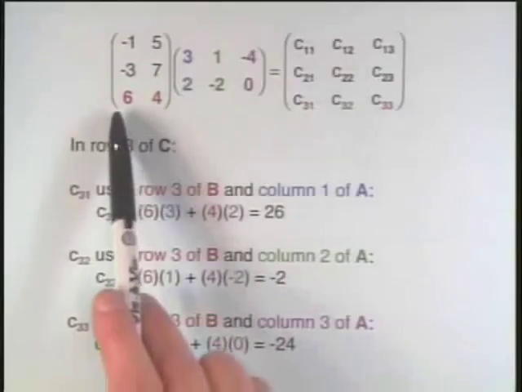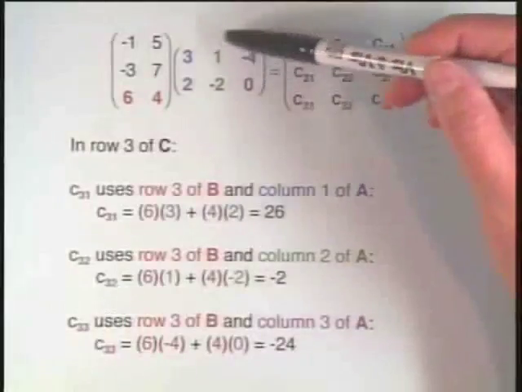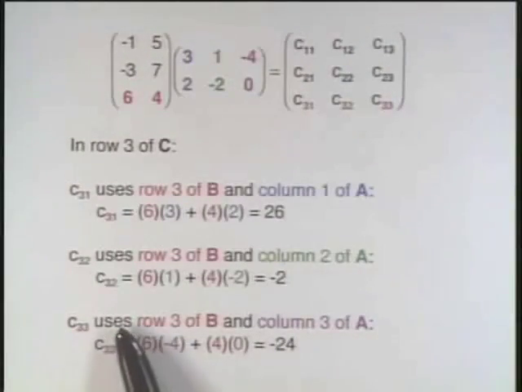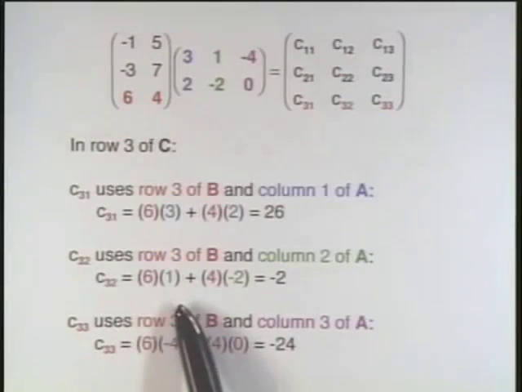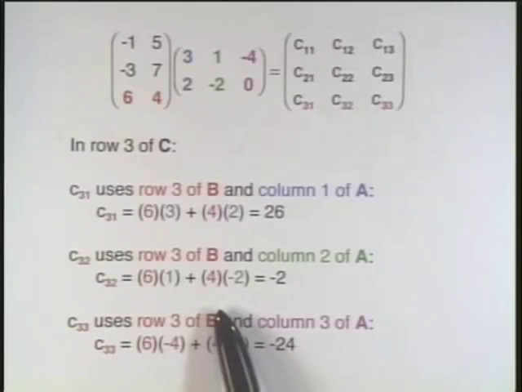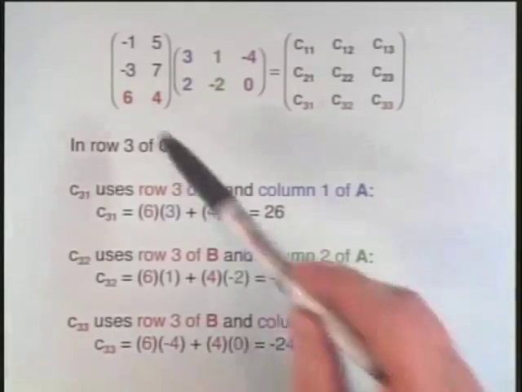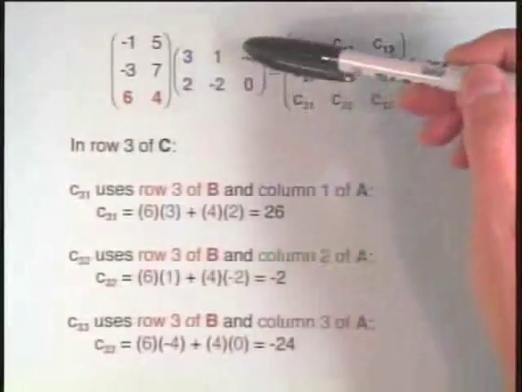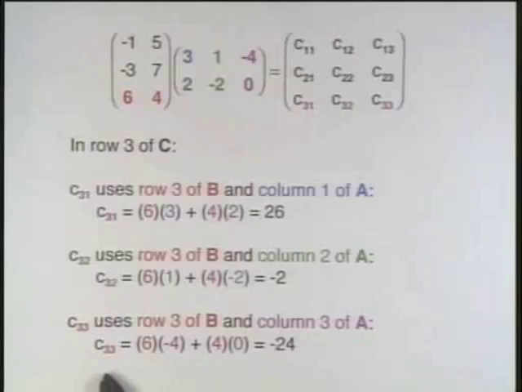C32 uses row 3 of B, column 2 of A. C32 is 6 times 1 plus 4 times negative 2 for a value of negative 2. C33 uses row 3 of B, column 3 of A. C33 equals 6 times negative 4 plus 4 times 0 for a value of negative 24.